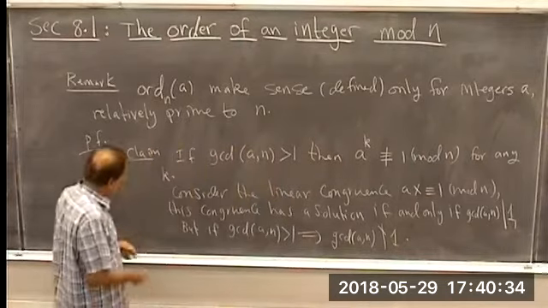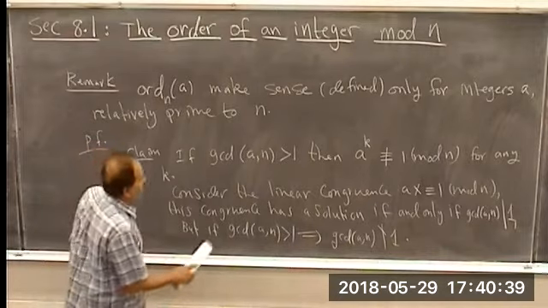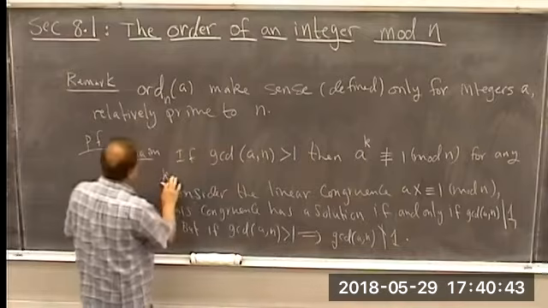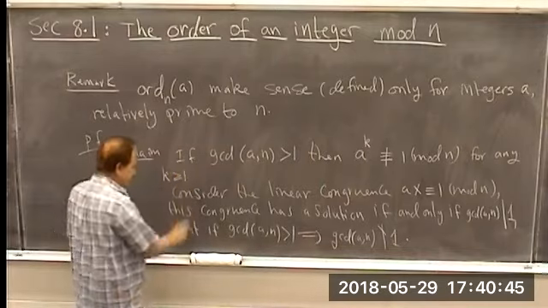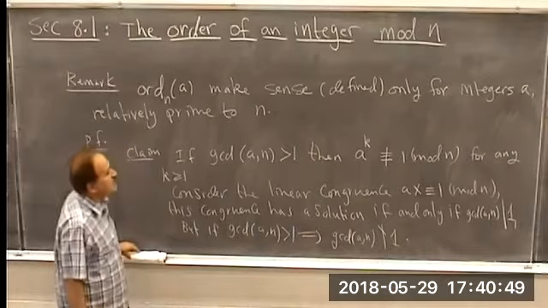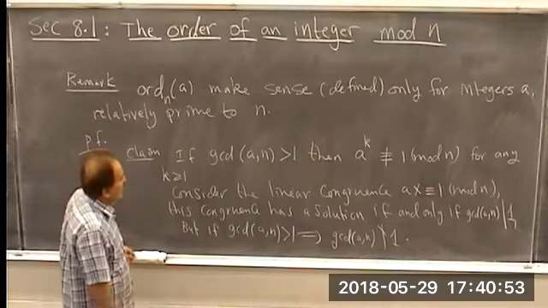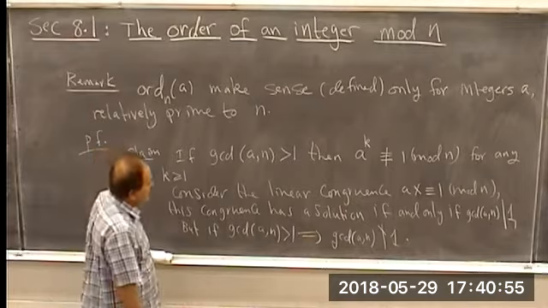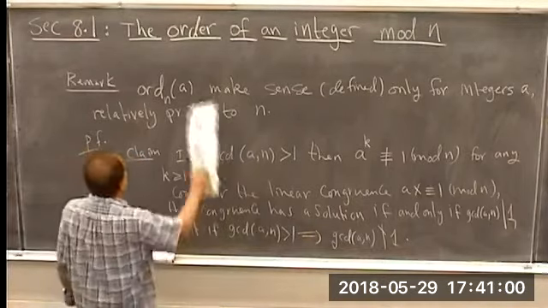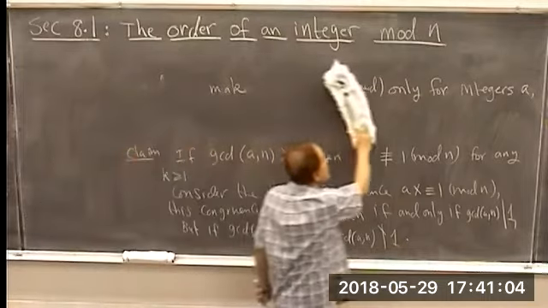Now, we still have one other thing. Actually, we wanted to say this for any k bigger than or equal to what? We are interested only in positive exponents. Let's see what happens if we assume that there is an exponent that is congruent.